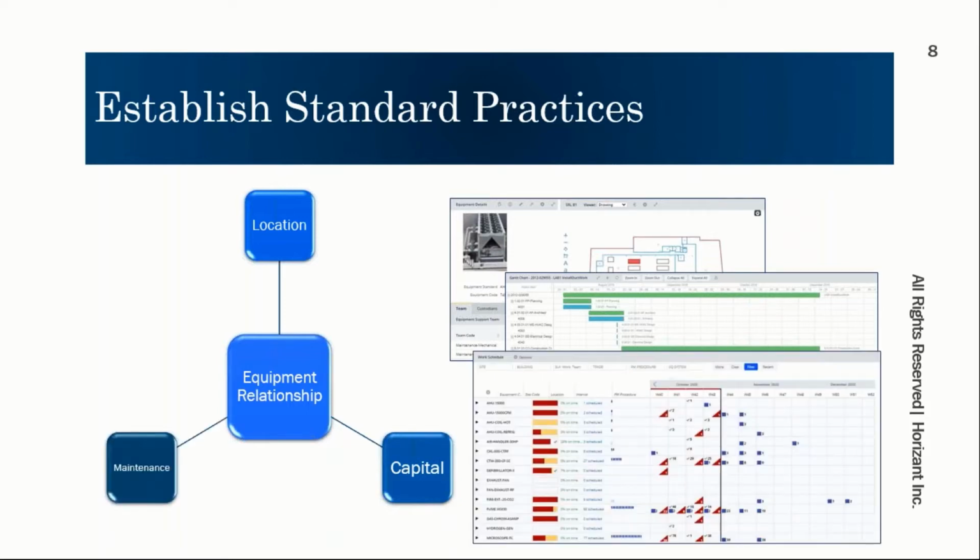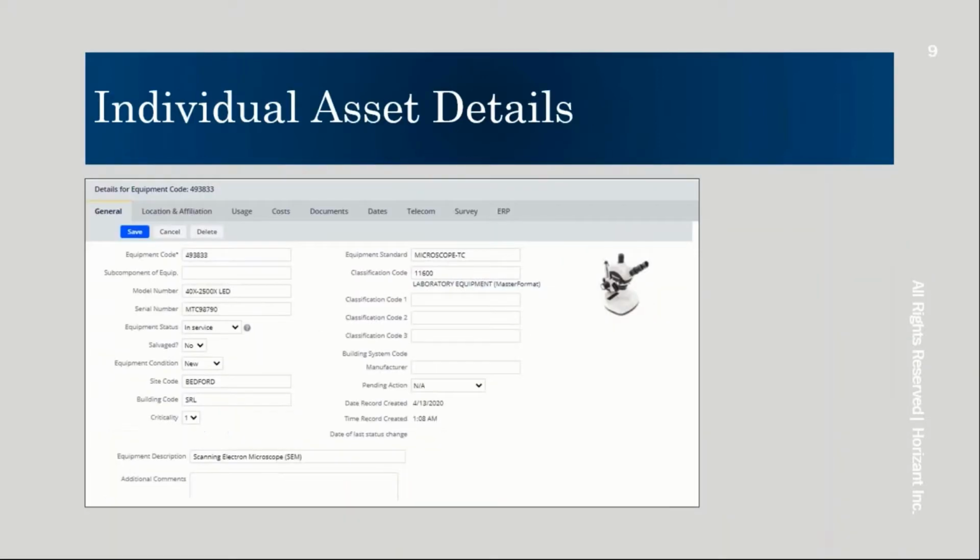And finally, to make sure that we maintain a long, useful life of the asset, we want to maintain a regular maintenance schedule so that there are no issues with the asset in the future. And so Archibus ties all those together and keeps a running history, and you'll see some of that as we get deeper into the presentation.